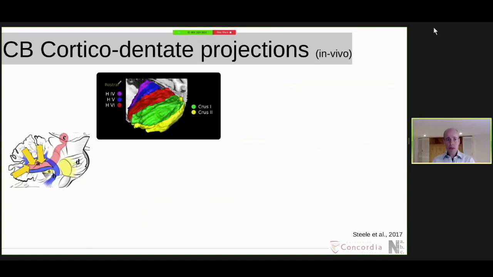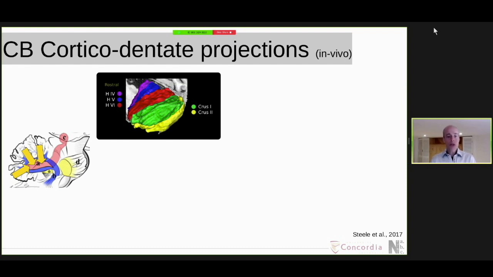And to do that, we used a tractography approach because we did it in vivo. We identified different lobules of the cerebellum, and we classified them as either motor or non-motor. In this case, lobules 4, 5, and 6, which we classified as motor lobules, and CRUS1 and CRUS2, which we classified as non-motor lobules.